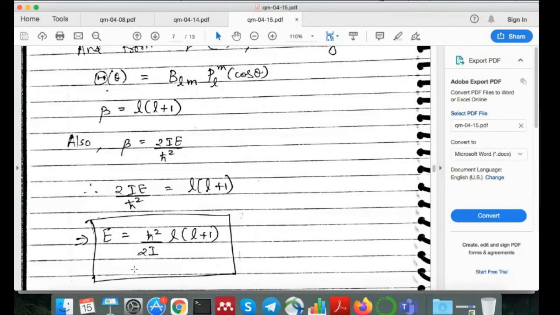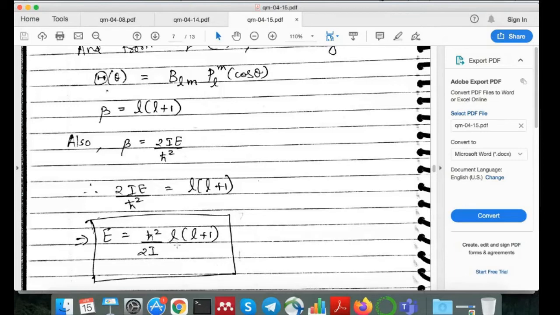The energy only depends on the quantum number L and does not depend on anything else, because everything else is a constant. h is a constant, I is a constant because mu is a constant and R is also fixed. So the only thing it depends on is L.